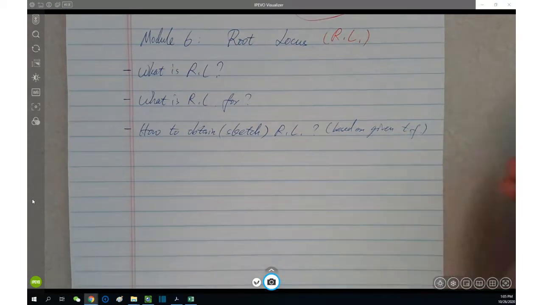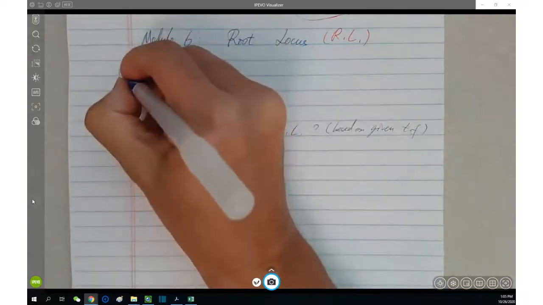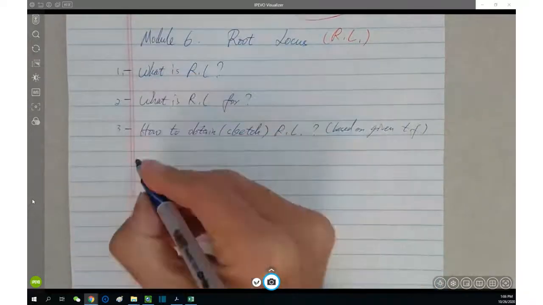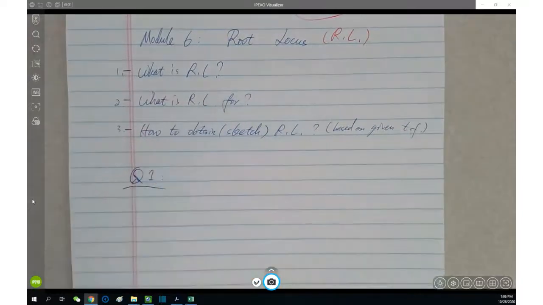First question. Let's number them: 1, 2, 3. So question 1: what is it?